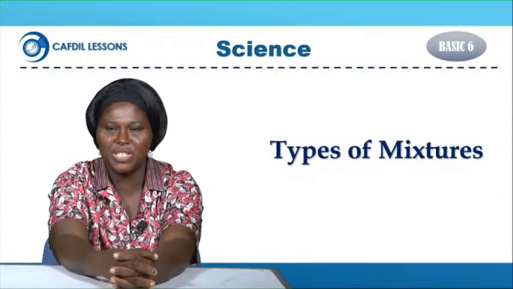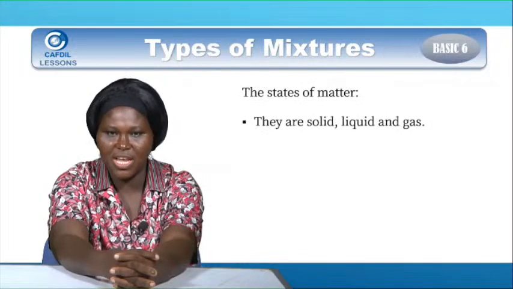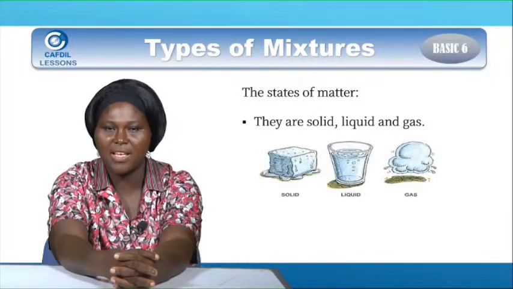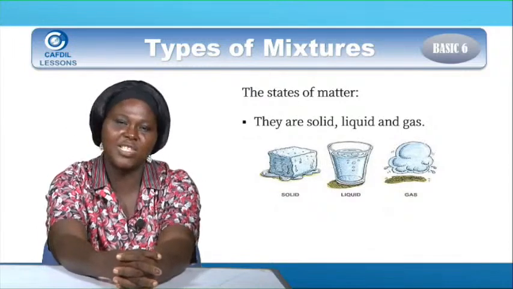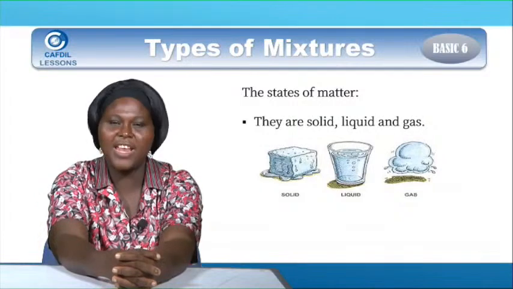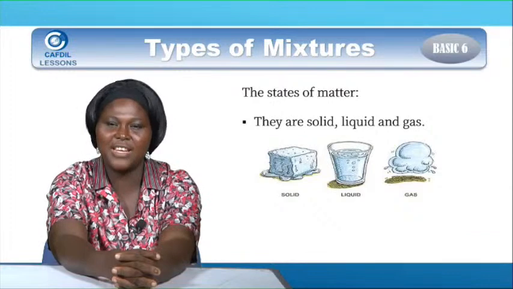Types of mixtures. Before we look at the types of mixtures, let's look at the states of matter. We have three states of matter, and they are solid, liquid, and gas.